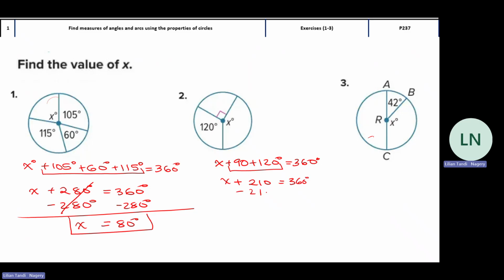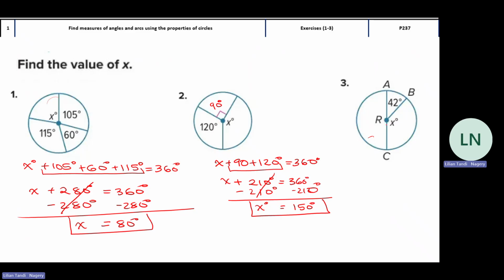Then we will subtract 210 on both sides. This goes away. x equals 150 degrees. Make sure when you see this sign of the box, you put 90 degrees.